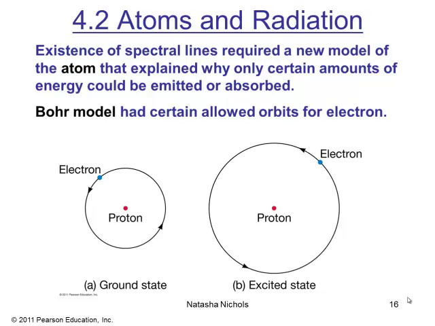Now this representation right here is a hydrogen atom. The hydrogen atom is the simplest element in the periodic table. It is comprised of one proton in its nucleus, orbited by one electron. And this is it. This is a hydrogen atom.